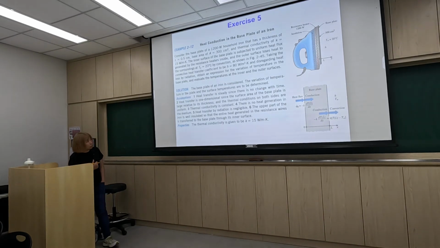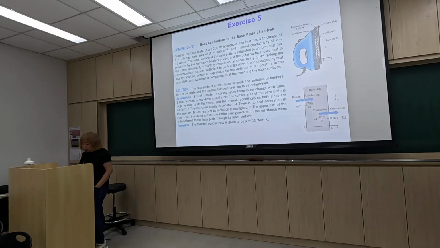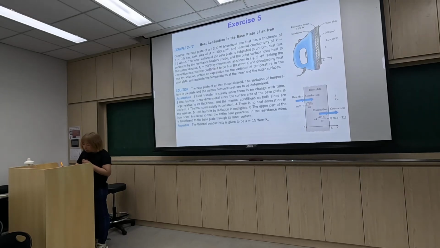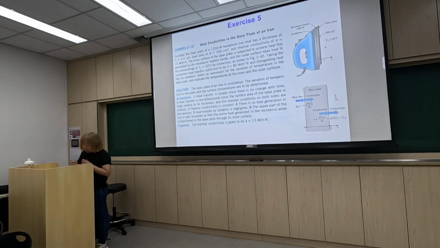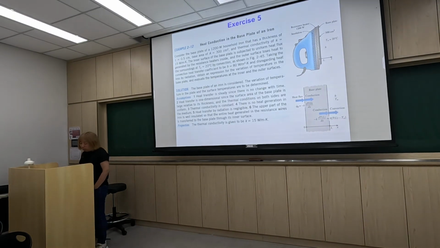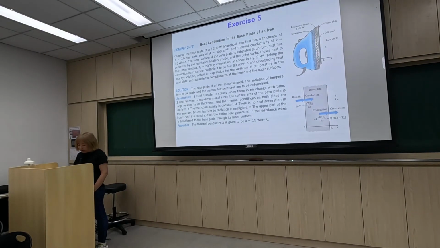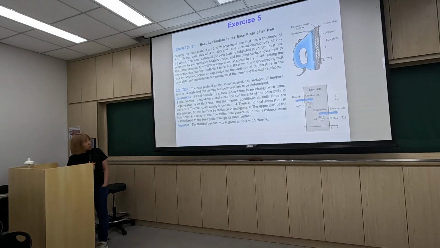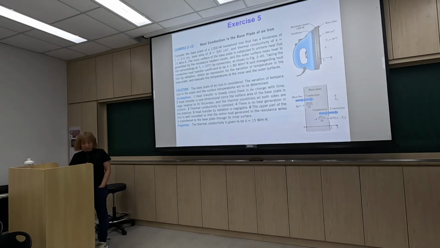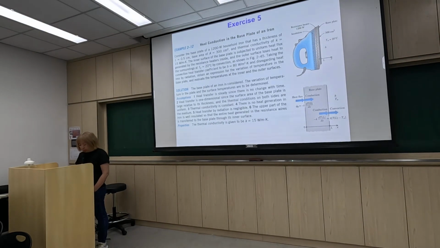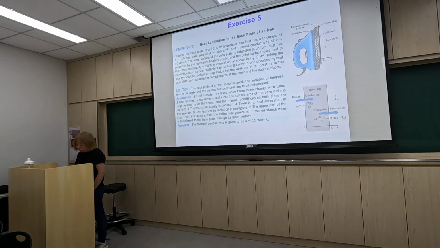It uses an electric resistance heater, and the important words here are uniform heat flux. Okay, and the outer surface loses heat to the surrounding environment at a temperature of 20 degrees C by convection, as shown in the right-hand side figure.